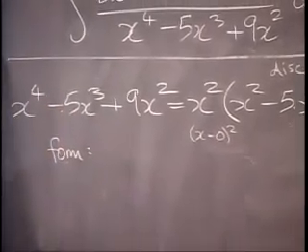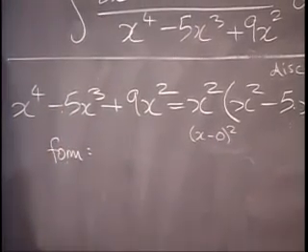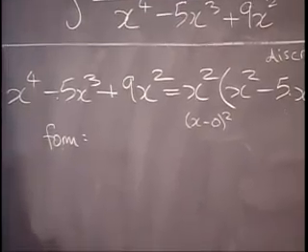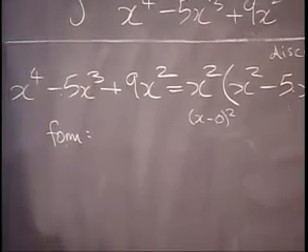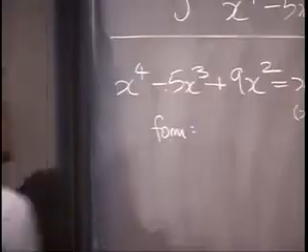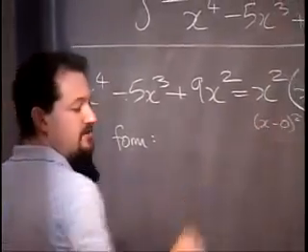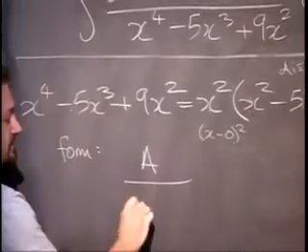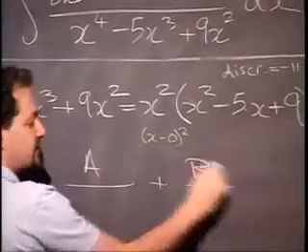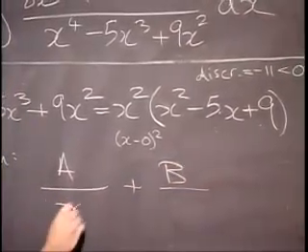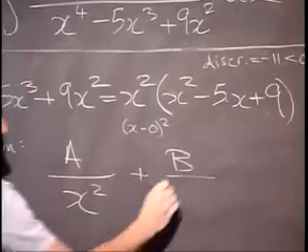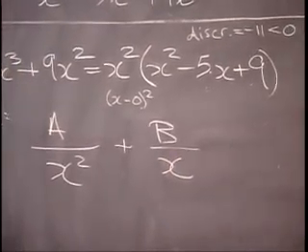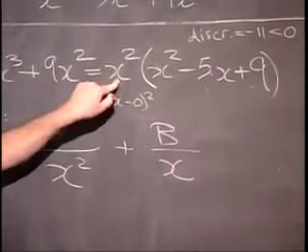Because after all, x squared as a quadratic does factor into two pieces, x and x. So if this were x minus 3 all squared, one form would be a over x minus 3 all squared plus b over x minus 3. But it's not x minus 3, it's just x. X squared, b over x. That's what you get out of the x squared term.